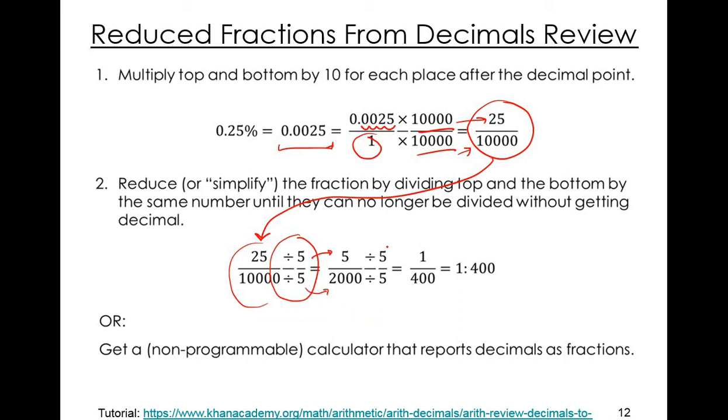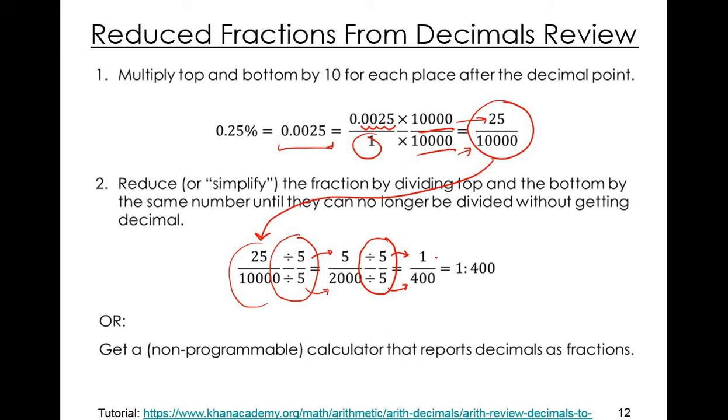And then I noticed that 5 and 2,000 could also both be divided by 5, and so I divided again to give 1 over 400. Now I could have initially divided by 25 over 25 to get 1 over 400, but I did it in multiple steps and got the same answer.